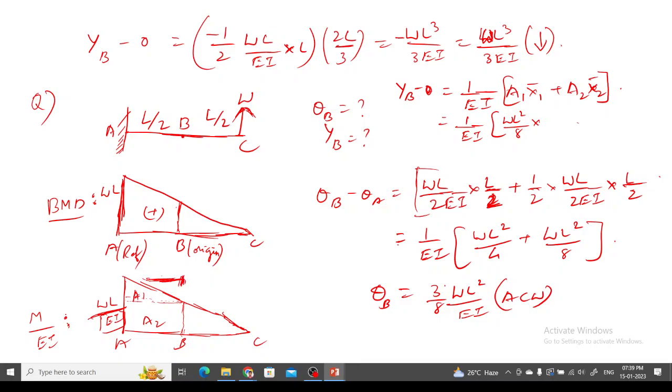So the centroid will lie here, and this length will be L by 3. How are you getting L by 3? That is 2 by 3 of L by 2. Yes, 2 by 3 of L by 2. This is X1, which will be L by 3.